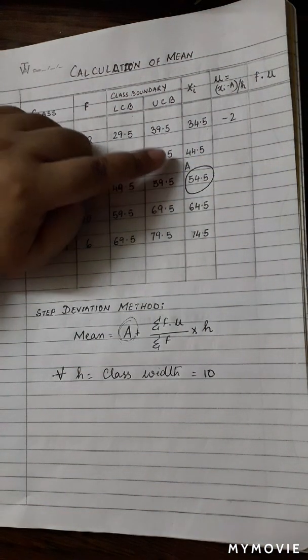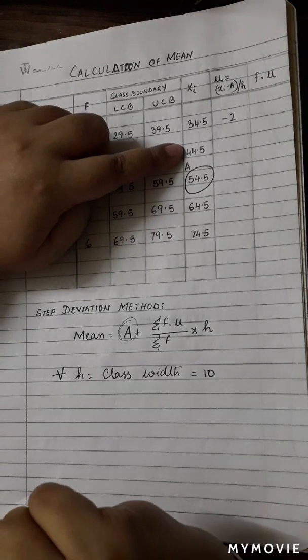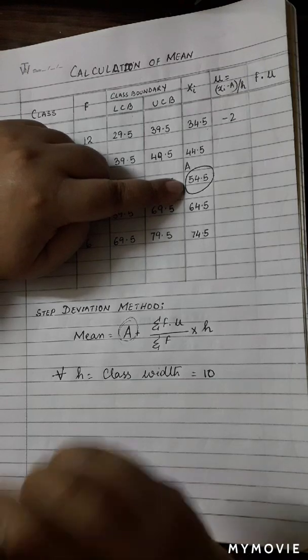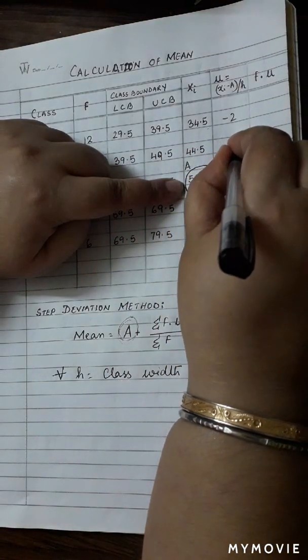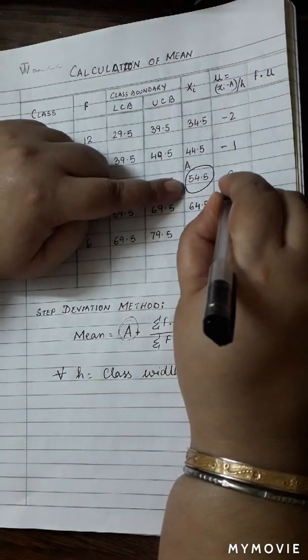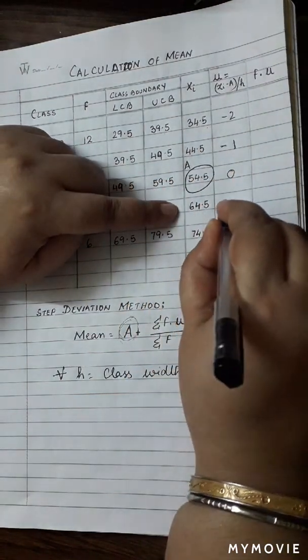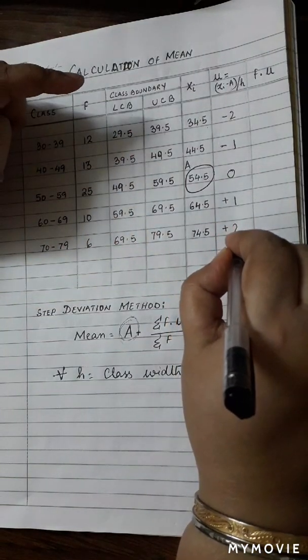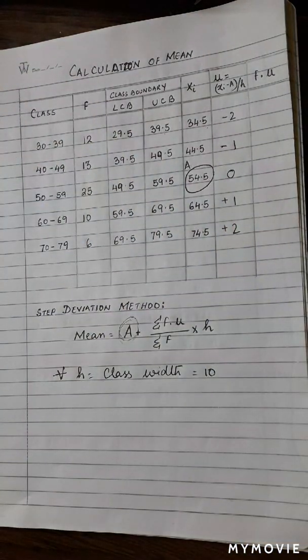Next, 44.5 minus 54.5 is minus 10, divided by 10 gives minus 1. Here the value will be 0, here plus 1, and here plus 2. So when the 10 becomes 1 and 2, the multiplication becomes much easier.